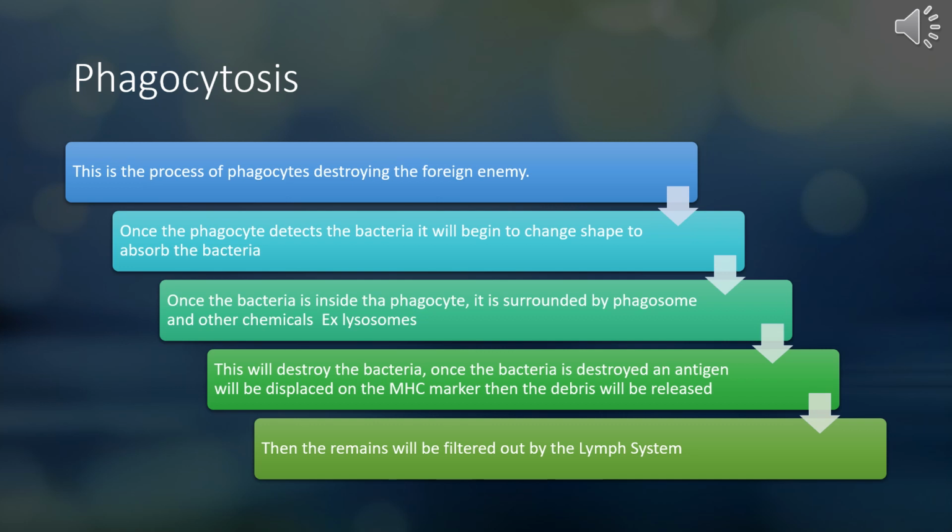This will then destroy the bacteria, leaving residue behind. Once the bacteria is destroyed, an antigen will be displayed on the MHC marker. Then the debris is released from the phagocyte. The remains will be filtered out using the lymphatic system, the lymph nodes, that process.